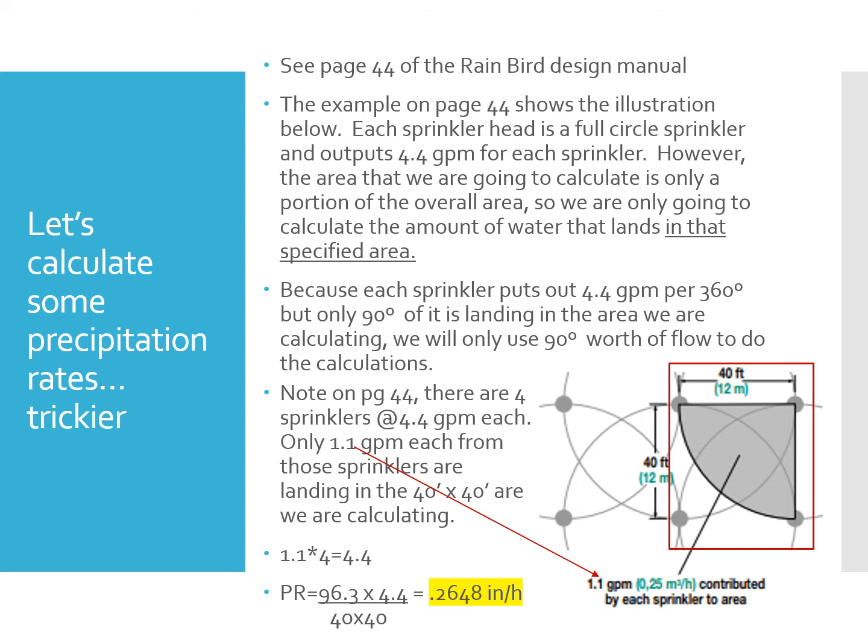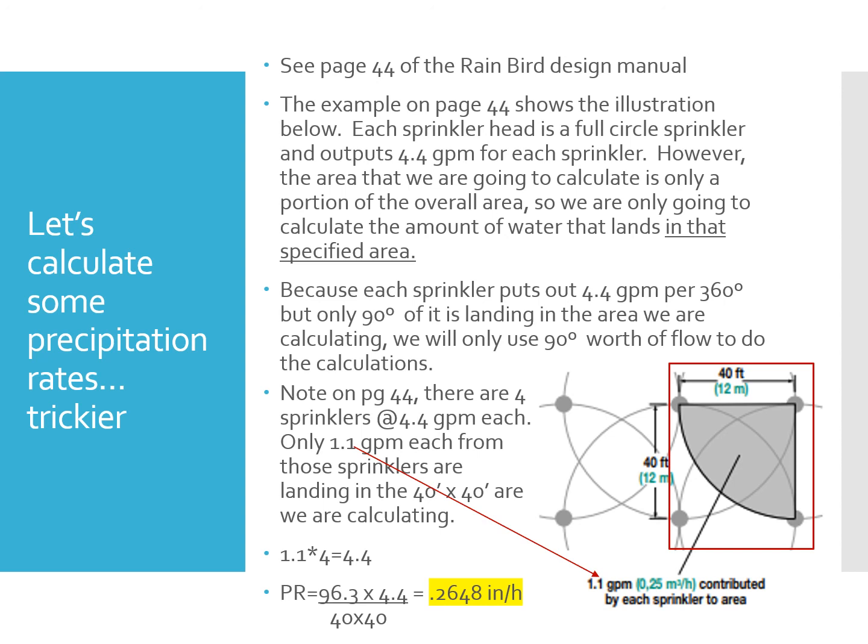Okay, and this one is from page 44 of the design manual. This example is similar to that last one where you're only going to calculate the amount of flow that is hitting that space. So you might want to pause for a moment, read that page, and come back to this, or we could just keep going.